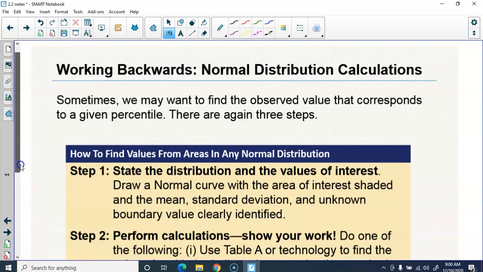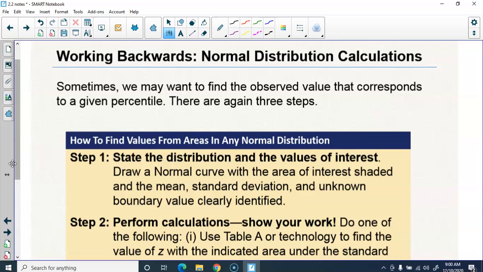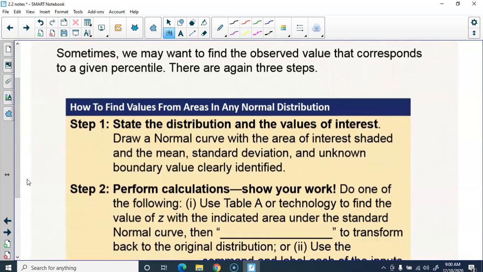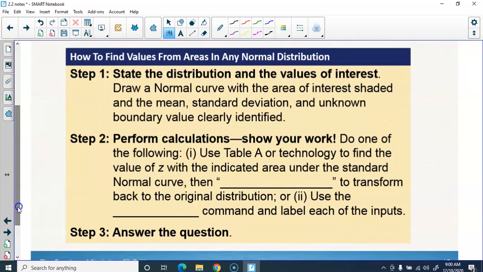So that last example that we just did was kind of the working backwards situation. Sometimes we may want to find an observed value that corresponds to a percentile, so that's what we just did. State the distribution and values of interest, drawing a picture, which I think really helps.